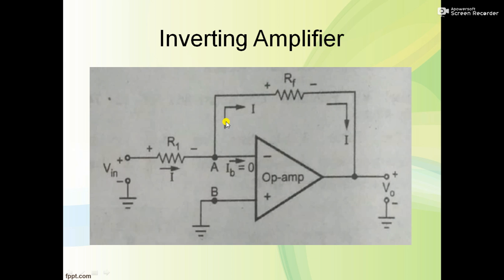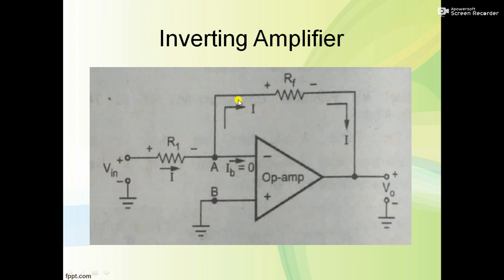Then at the output side, same KVL. According to the KVL, VA minus I into RF minus V0 is equal to 0.